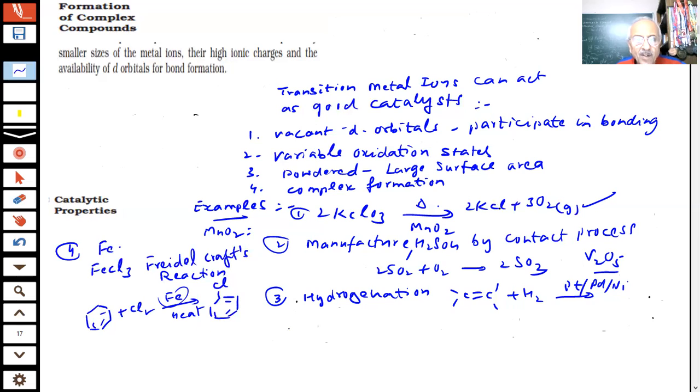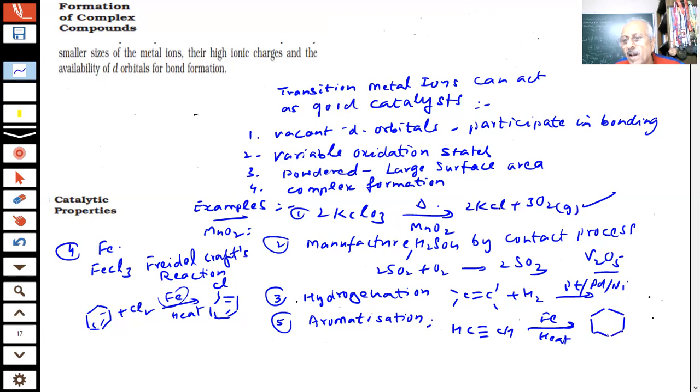Then further, you have heard of another type of reaction, which is called aromatization. A certain reaction which we did in 11th chemistry, with iron and heating. What do you get? Such reactions are there which we have been telling you in different cases.